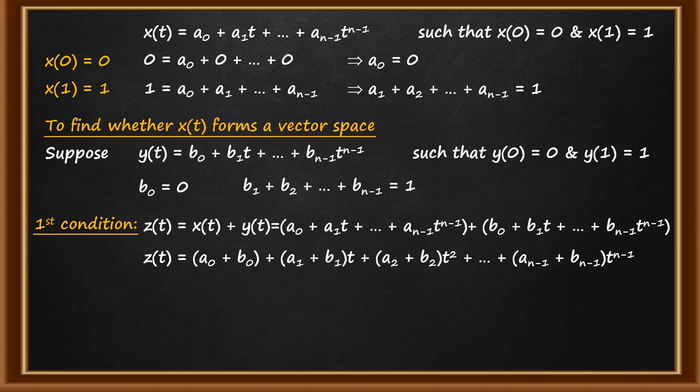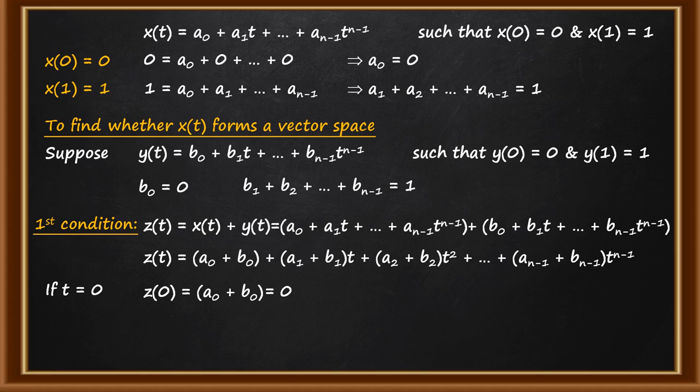First we'll check if t is equal to 0. Then z(t) will be equal to a0 plus b0, because the rest of the terms will go to 0 as we put t equal to 0. Now we have already got previously that a0 is equal to 0 and b0 is also equal to 0, so this also gives the value 0.